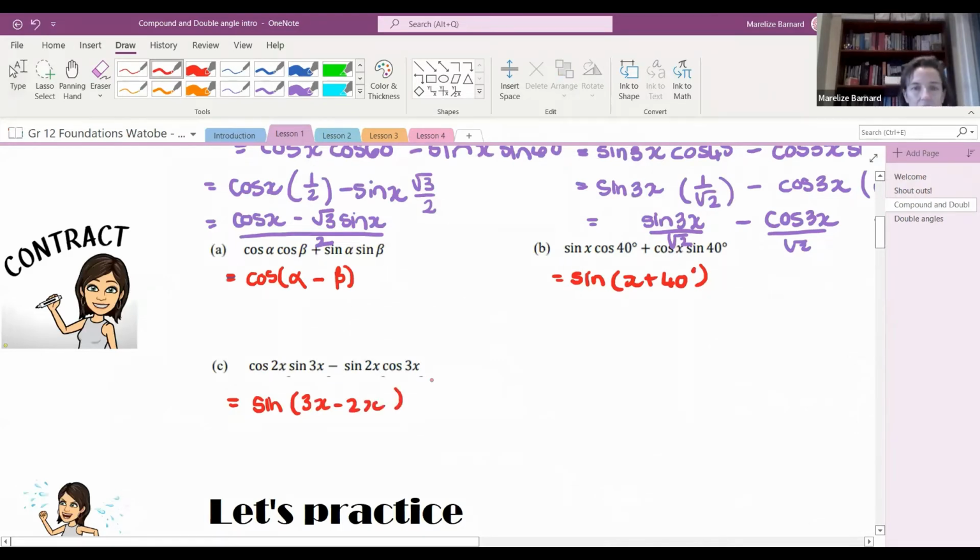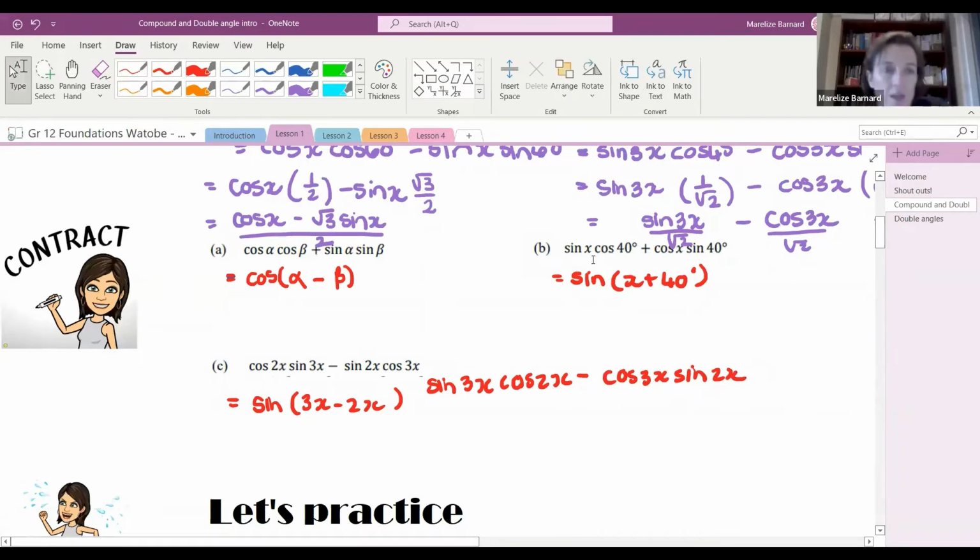Okay, so if we put them into the right order, then it is sine 3x cos 2x minus cos 3x sine 2x.